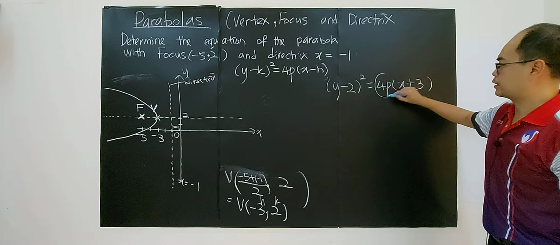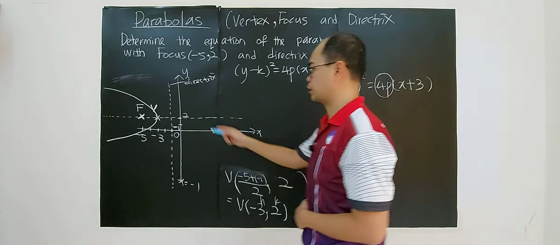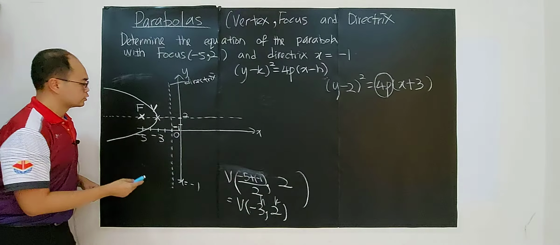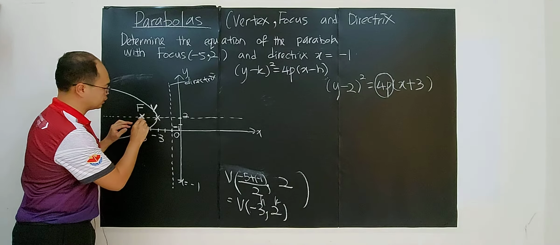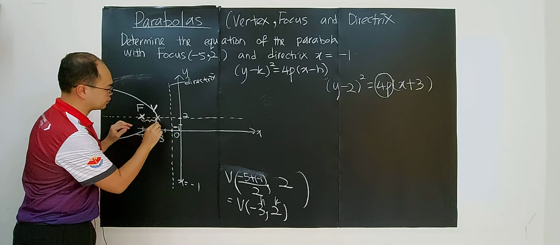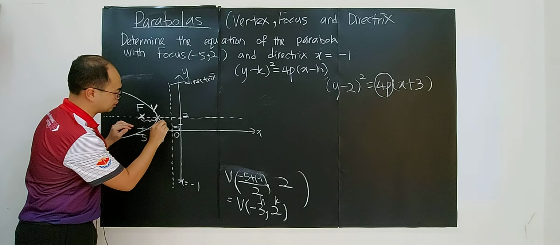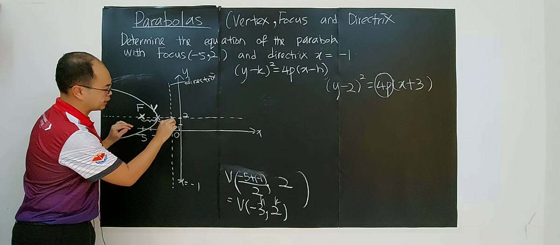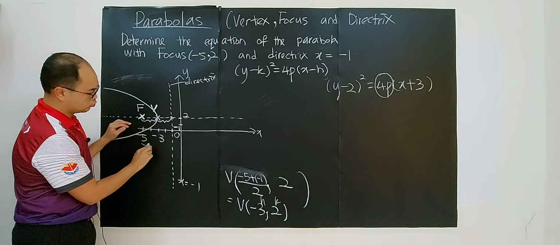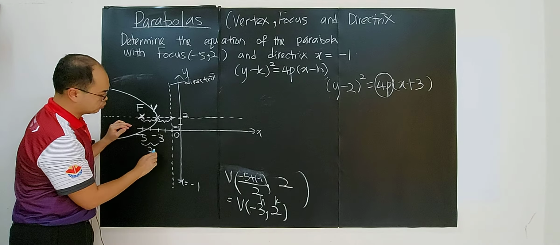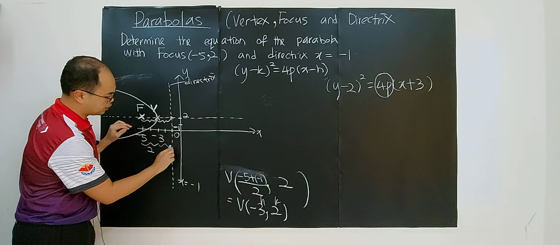So how to find the value of p? Very simple, because you understand the diagram, right? The distance between the focus and the vertex, and the distance between the vertex and the directrix, right? So the distance will be 2, right? -3 to -5 will be 2, and -3 to 0 also will be 2.